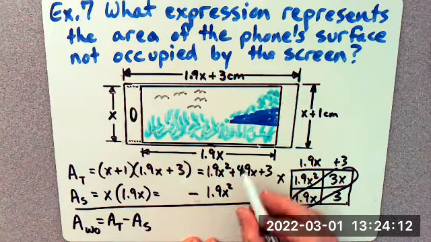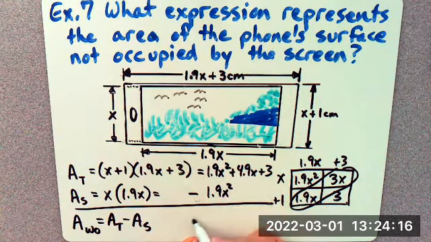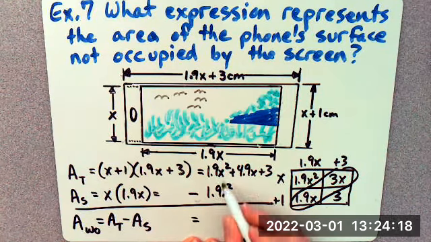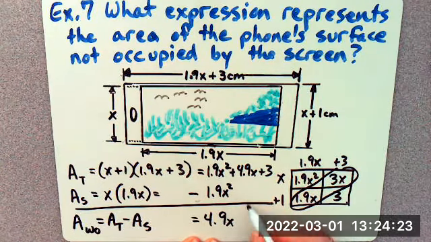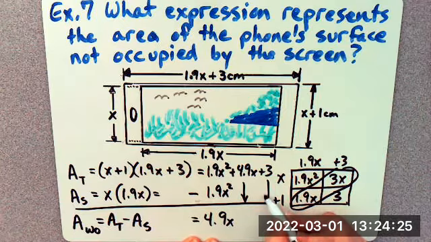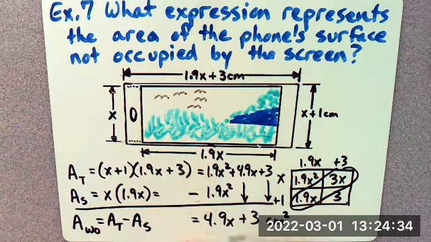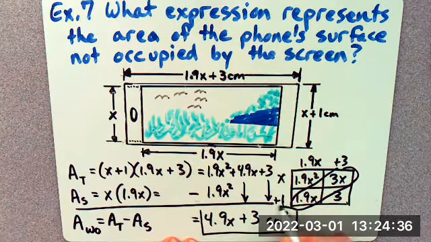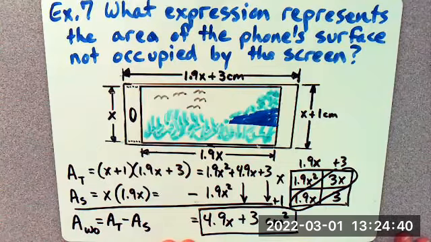We're going to just subtract 1.9x squared from 1.9x squared, so this is going to equal 0. So it's just 4.9x remains when we drop it down, and this drops down, so plus 3. And then this is centimeters, so we can't forget it's centimeters squared. So that is the area of the phone that is not part of the screen.